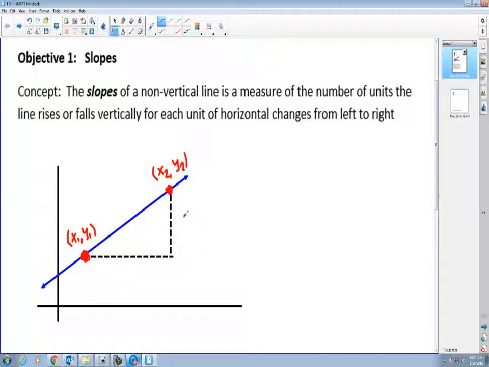To find the change of your y value, your delta y, I'm going to take the second y value and subtract the first one. Compare that to the change of the x value, or sometimes I use the word displacement as well, the delta x, where delta is the word change. The change of x will be taking the second x value and subtracting off the first x value.